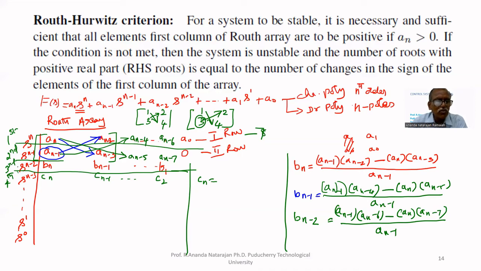To find the fourth row, we have to use the second row and third row, the same procedure. c n equals b n multiplied by a n minus 3, minus a n minus 1 multiplied by b n minus 1, divided by b n.